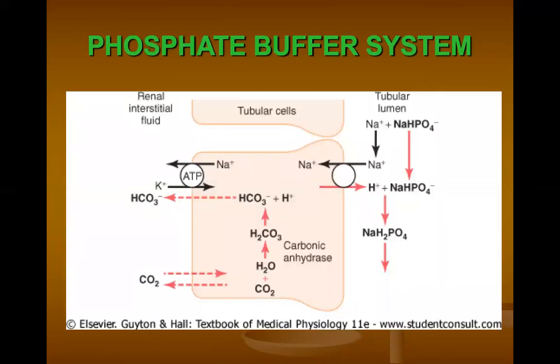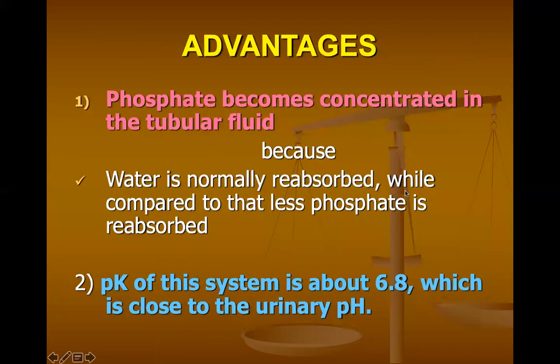The phosphate buffer system: this is the same sequence of events as in the proximal tubule. Here, sodium-hydrogen countertransport occurs and hydrogen combines with the phosphate buffer. Also, phosphate buffer becomes concentrated in the tubular fluid.